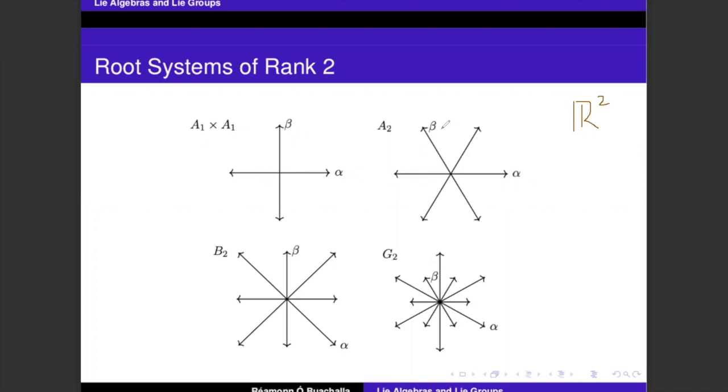Then you can also see the reflections. If I pick one particular vector, for example, this one, then when I reflect around this, it's reflection here. So this gets reflected to this and vice versa. Okay, and this gets reflected to this. And these guys will be reflecting around this axis, so they get sent to themselves.